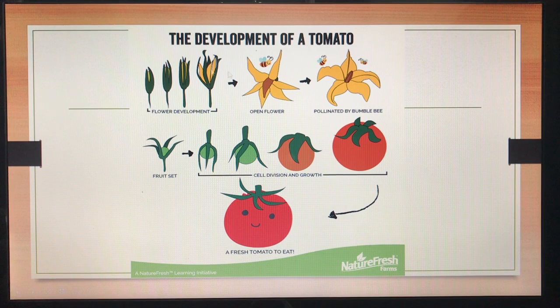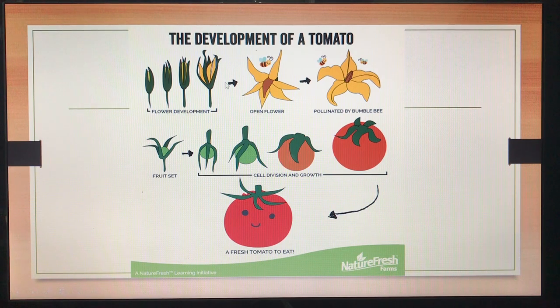So here is the development of a tomato. As you can see, as flowers are under development, and when it's developed, it will attract insects or animals to come and pollinate. How does it attract insects or animals? By its nectar. Nectar is a sweet scent of food for insects and animals such as birds and bees or butterflies.